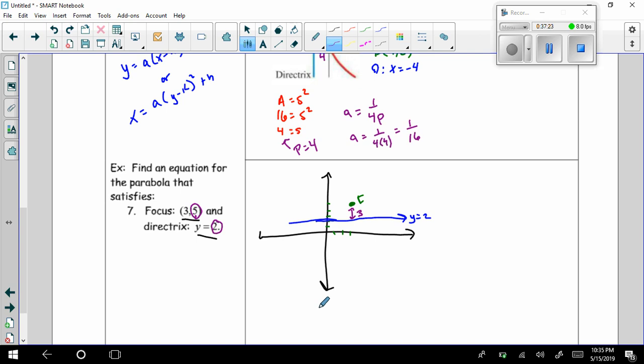So remember, again, that your vertex is halfway between those. So half of 3 is 1.5. So 1.5 up from y equals 2.